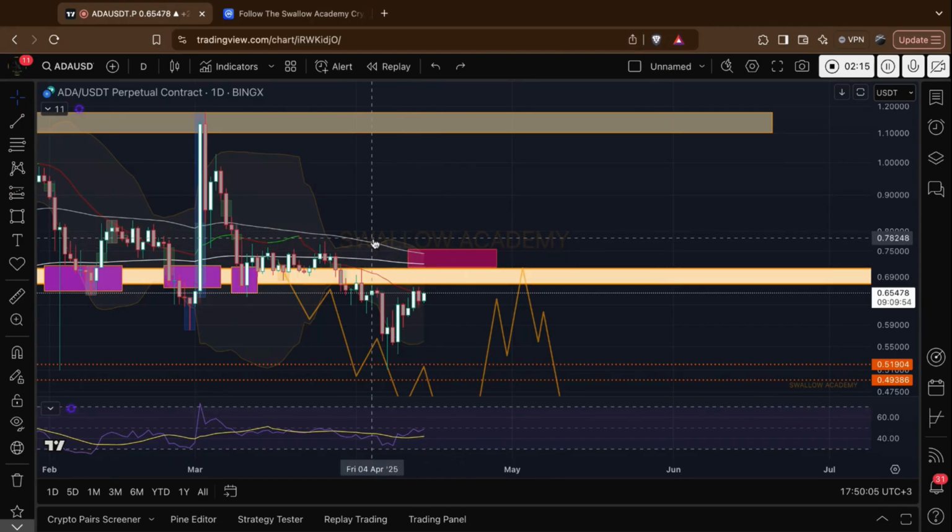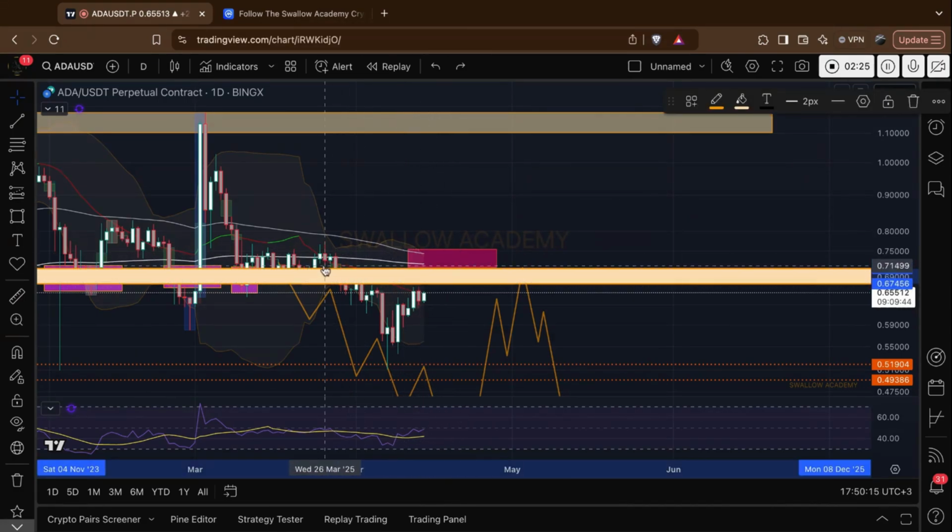Now, the 100 EMA, so this lighter gray line here, the 200 EMA, the white line, the upper side of the Bollinger Bands, and of course the resistance zone which we have formed since breaking the zone and retesting it. Now, four major resistive points for the Cardano coin, and this would be an ideal point for the coin to get rejection from.